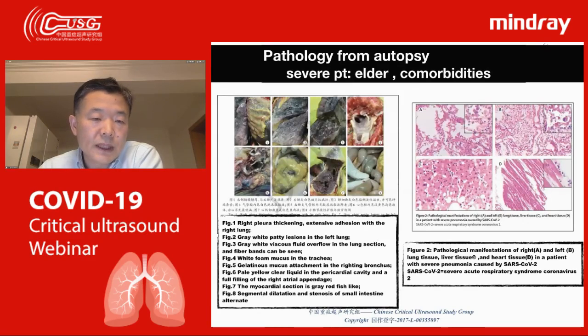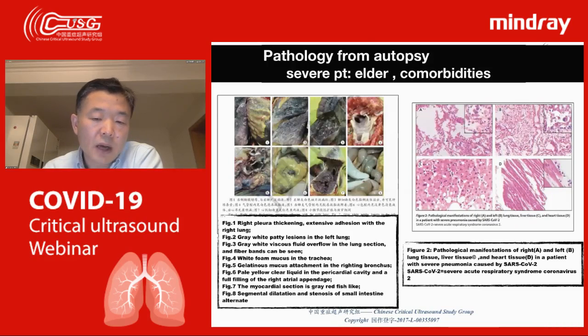So you see this kind of disease also damages the pleura. And there are gray-white patchy lesions in the left lung, gray-white viscous fluid overflowing in the lung section, and fibrous bands can be seen.